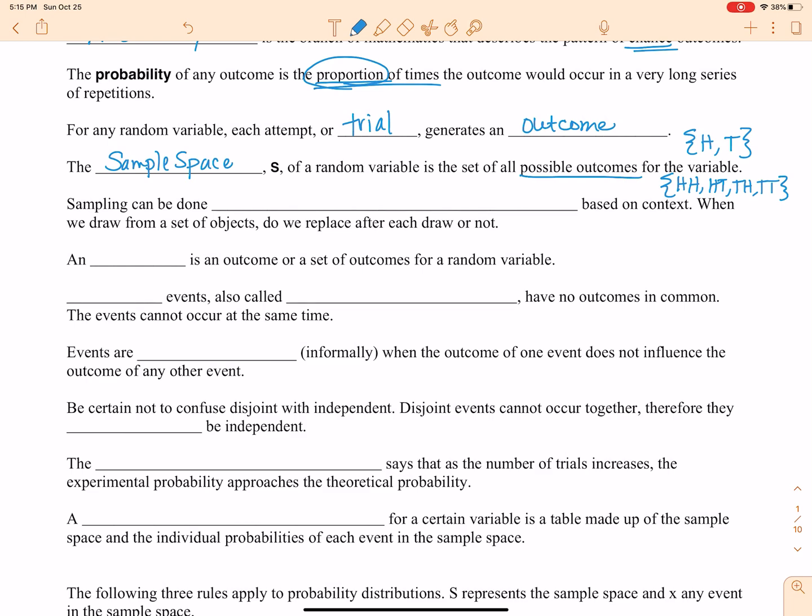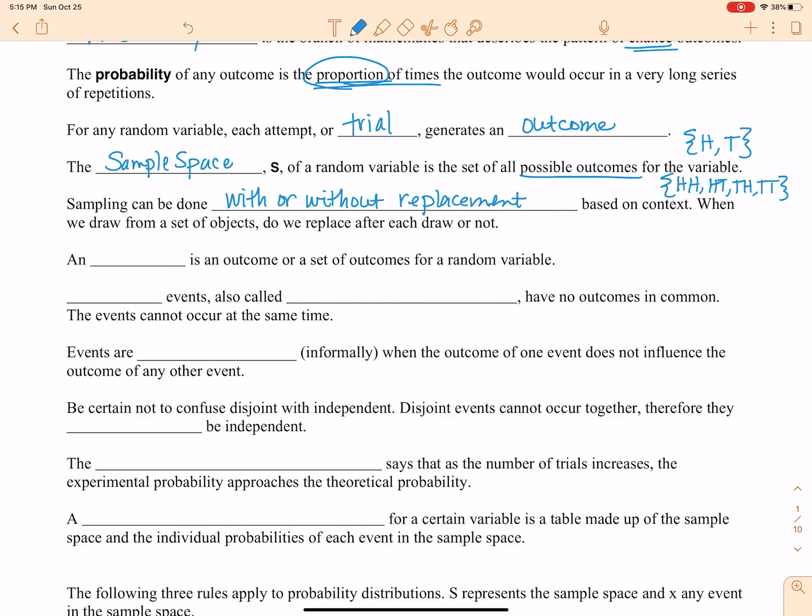All right, sampling can be done with or without replacement. Now, what does that mean? Well, that means, let's say I am drawing a card out of a whole deck of 52 cards. All right. If I take the card out and leave it out, that is without replacement.